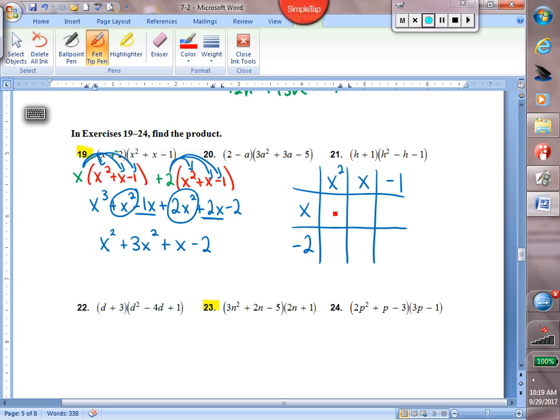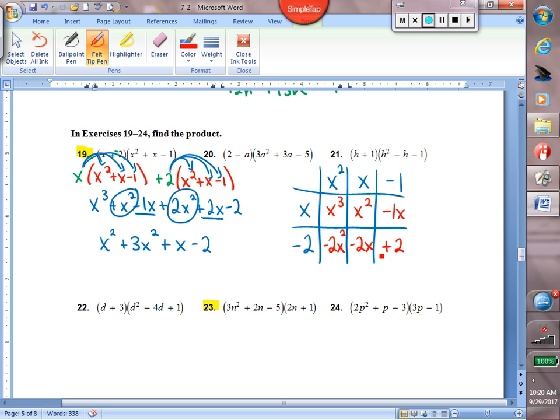I multiply x and x squared, x times x, x times negative 1, negative 2 times x squared, negative 2 times x, and negative 2 times negative 1.